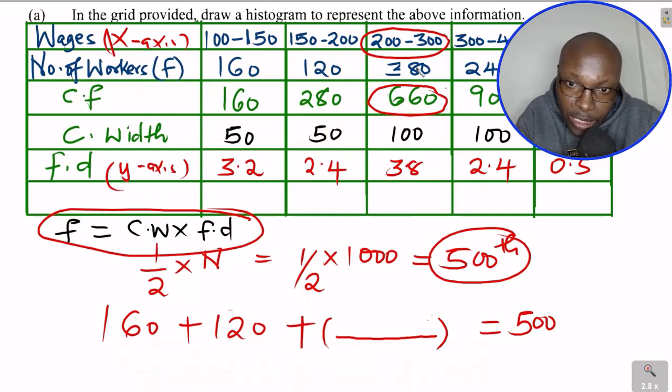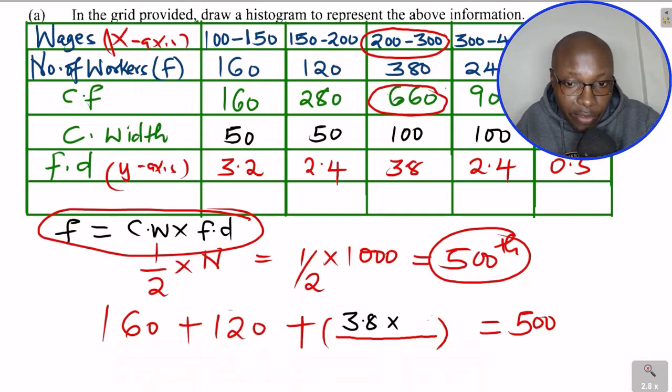So for this class where we have the median, we already have the frequency density for that class, which is 3.8. Now what we are missing is the class width. It is not going to be 100, because 100 will give 380, and when you add 160 plus 120 plus 380, that is going to be more than 500.